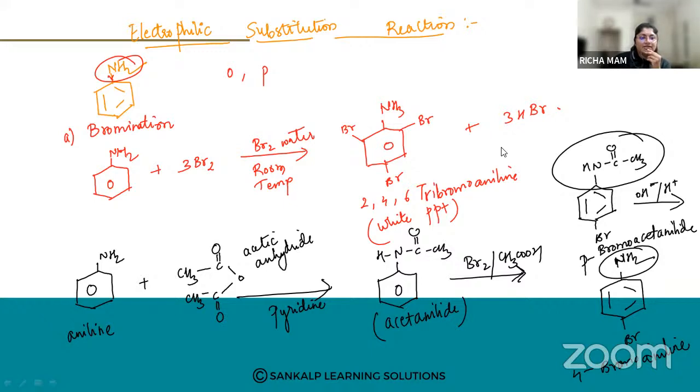Next, we are going to see nitration. Is it clear up to here? In nitration, which is our nitrating agent, or which is our electrophile? So we take aniline again.